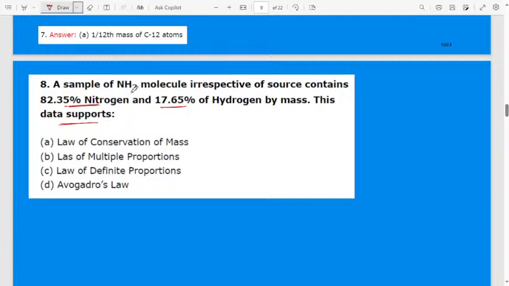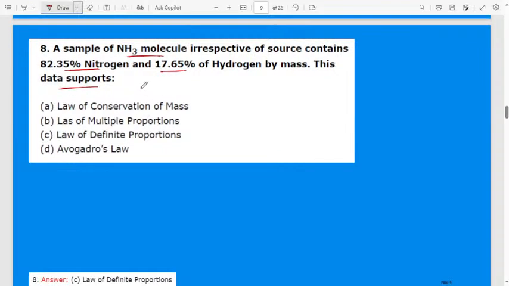In the ammonia molecule, this is the percentage of nitrogen and this is the percentage of hydrogen. This data supports what? Option A, the law of conservation of mass. Option B, the law of multiple proportions. Option C, the law of definite proportions. Option D, Avogadro's law. This data supports the law of definite proportions.